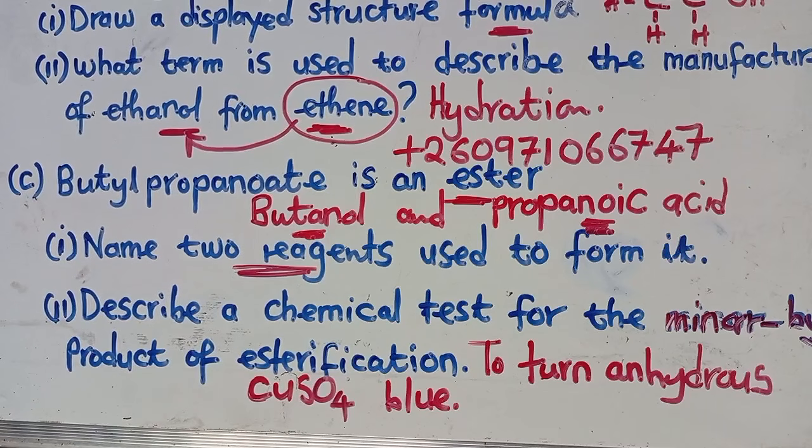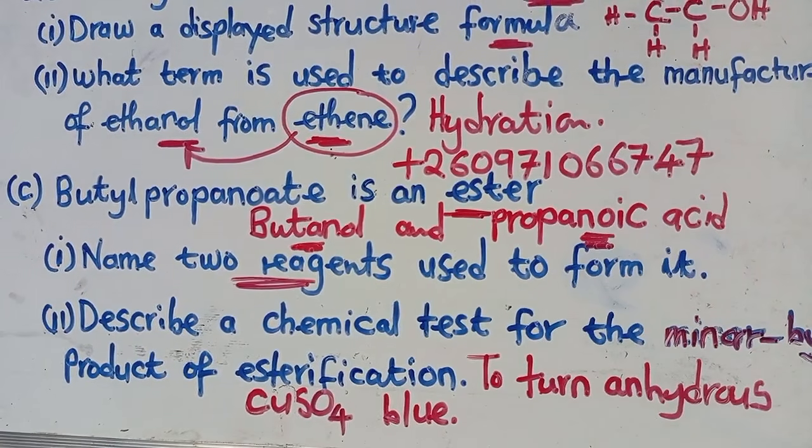The last question, I guess most of you have seen this question, was telling you to state one similarity between esterification and neutralization. So the answer is that both reactions produce water.